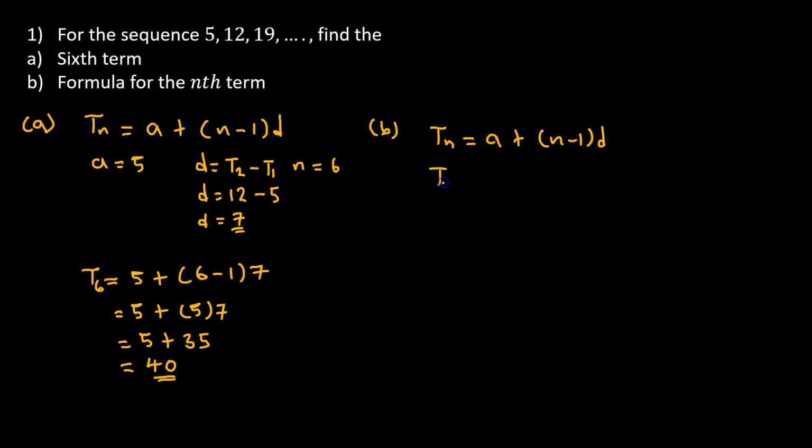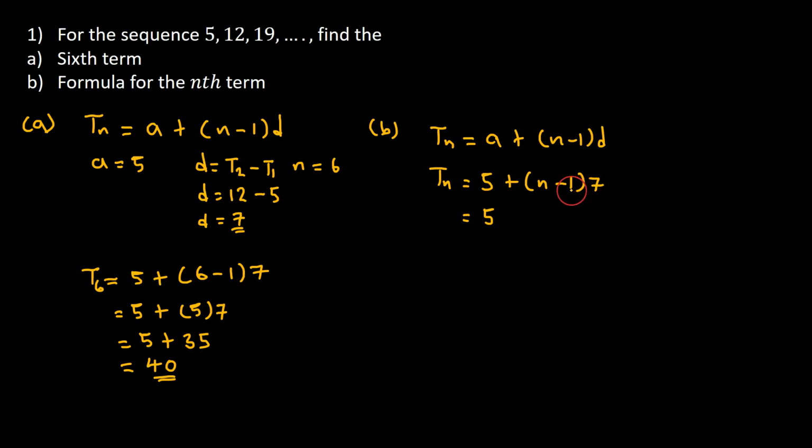So let's rewrite: Tn equals, our first term is 5, plus (n minus 1), and where there's d, we said our common difference is 7. We write 5 and then multiply 7 throughout.